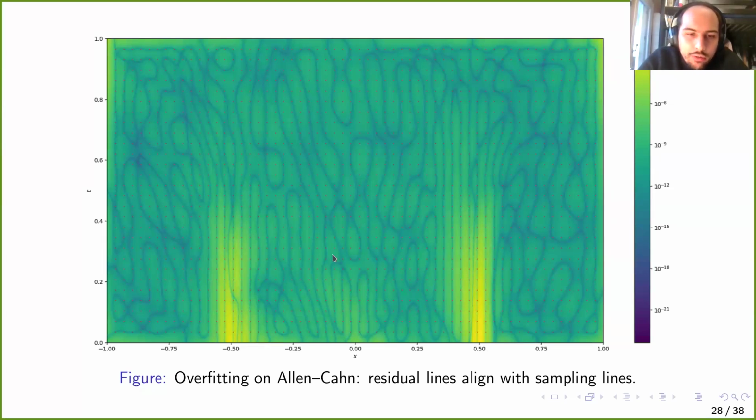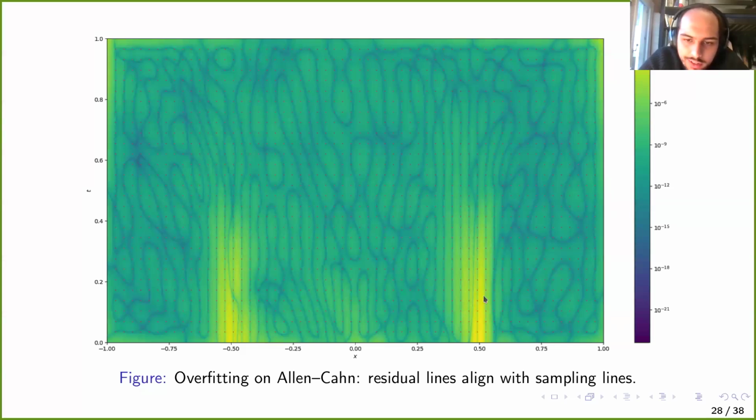And to illustrate that, here is AnaGRAM. Here, for instance, we reach a very low residual, which was 10 minus 12. The red dots are the training points, or the samples.